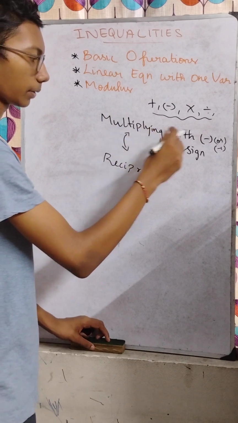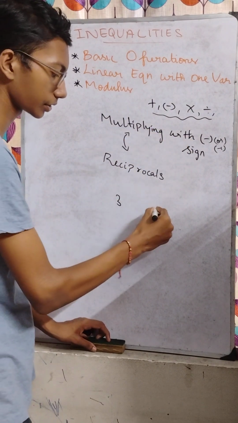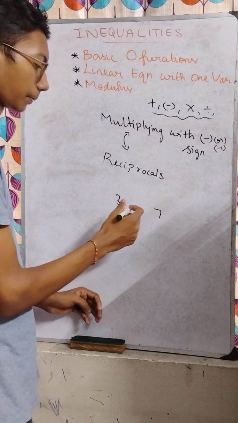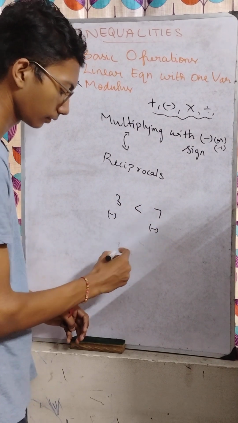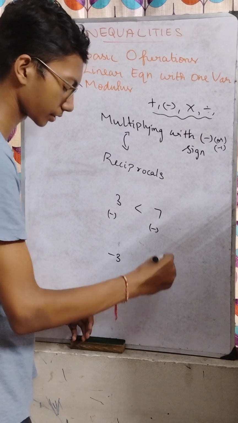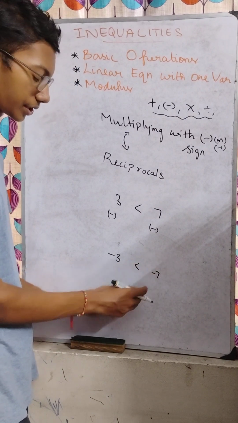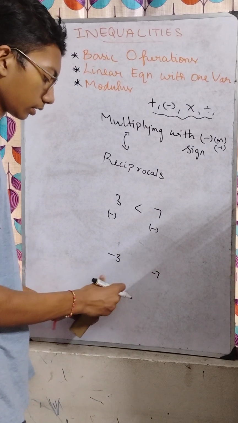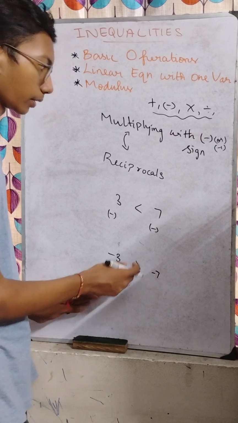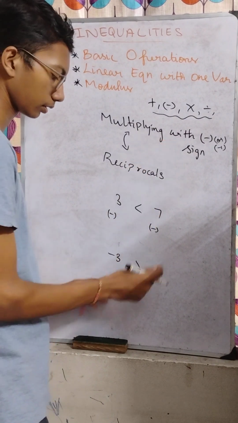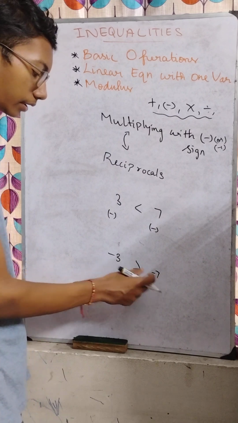So first we will see multiplying with negative. We will take these same two numbers. If we multiply these two numbers with minus, we get minus 3 and minus 7. Is the inequality the same? No. The inequality changes its direction. So this is what will happen if we are multiplying an inequality with a negative sign.